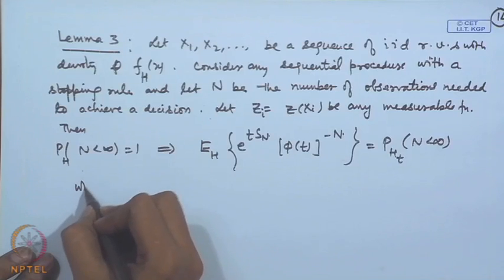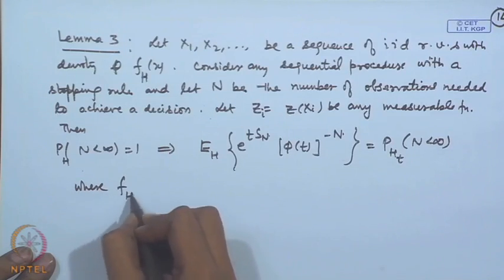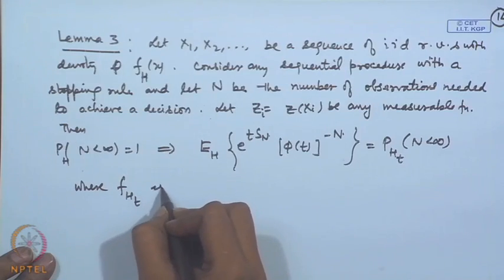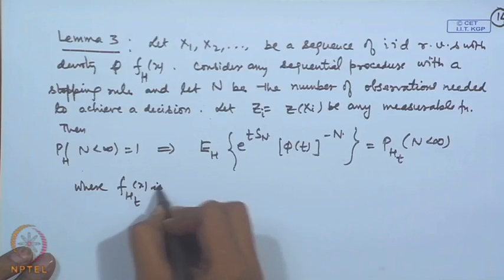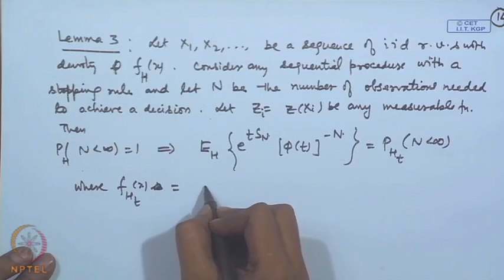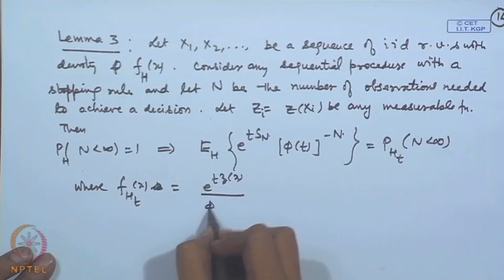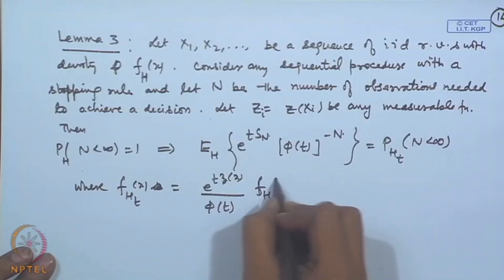Now, what is this h t? So, this density under h t is calculated. This is given by e to the power t z x divided by phi t into f h x.